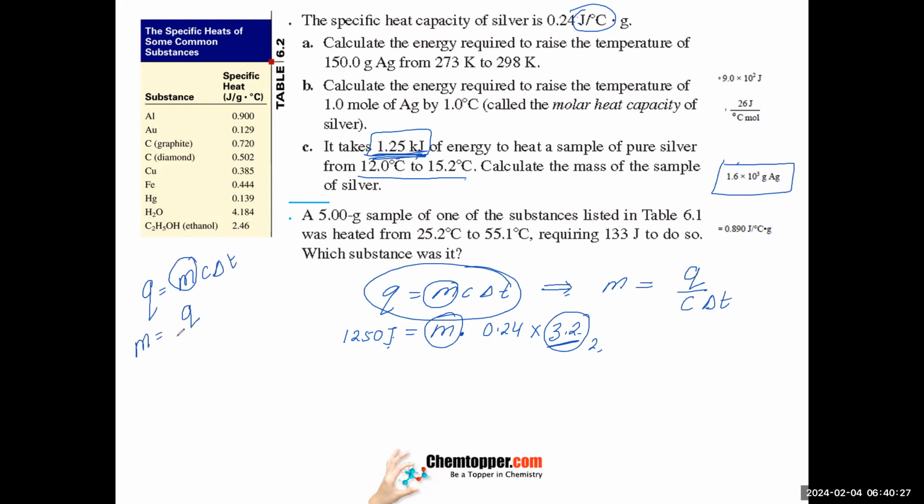If I want to calculate delta T, delta T is Q over MC. If I want to calculate C, C is Q over M delta T. So they may ask you mass, delta T or C, identify the substance, these types of questions. So I'm just rearranging this equation, right?